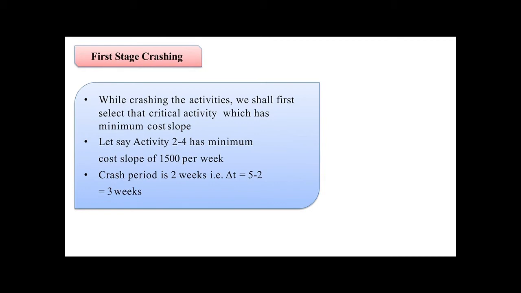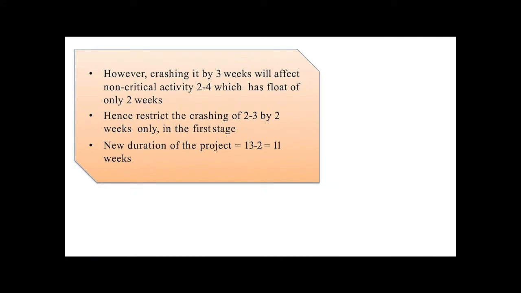The crash period is 2 weeks. That is, we can crash the activity by 2 weeks. So 5 minus 2, that is 3 weeks. So in total we can crash it by 3 weeks, because the original Tn was 5 and the crash is 2. So we can crash 2-4 by 3 weeks now.